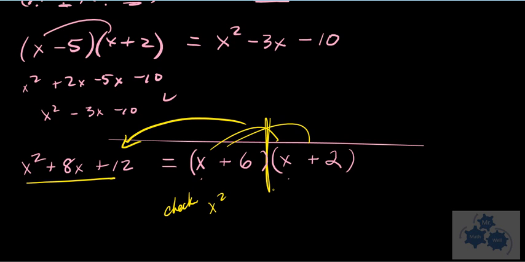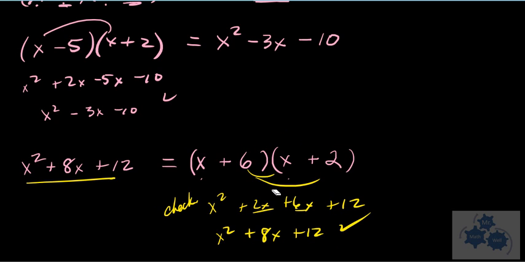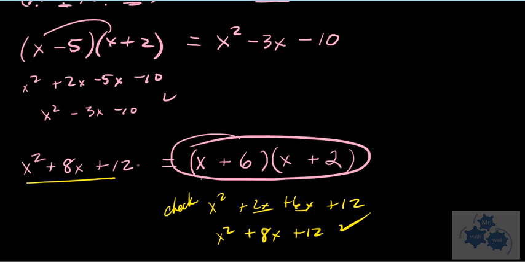X squared plus 2x plus 6x plus 12. That's x squared plus 8x plus 12. That's exactly what I started with, so you factored correctly. All right, so speak now. If you have any questions, circle your factored answer. Do you have any questions?